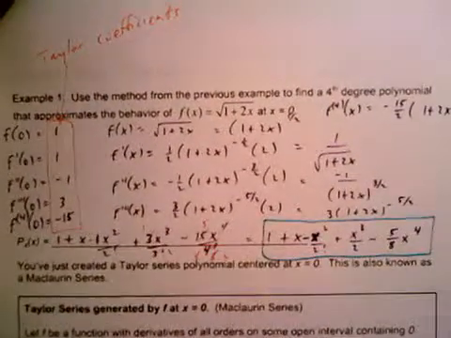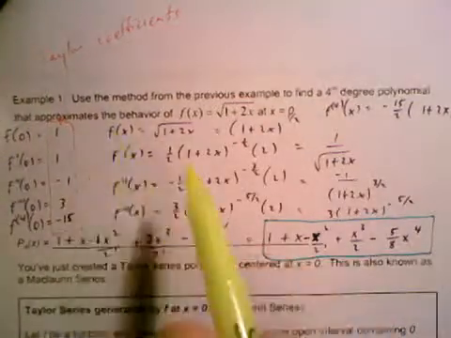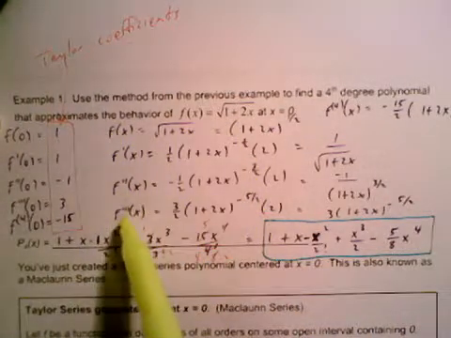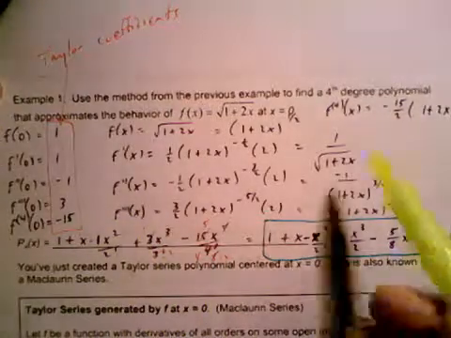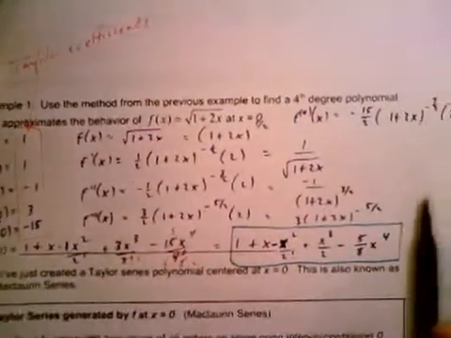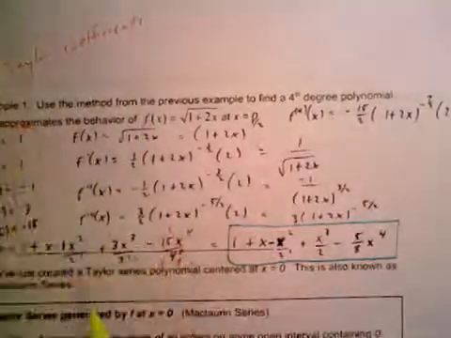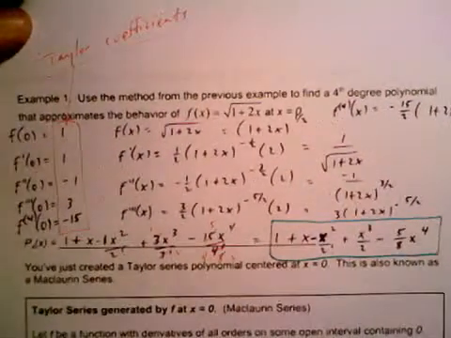Let me do this. So, Taylor coefficients: I first found the f of x. f of x here we were given, then found the successive derivatives. We wanted a 4th degree polynomial. Where's my 4th power? Oh, right up there. So the 4th derivative is right up there. And I used the derivatives to find the coefficients. And here you see the finished product right there.